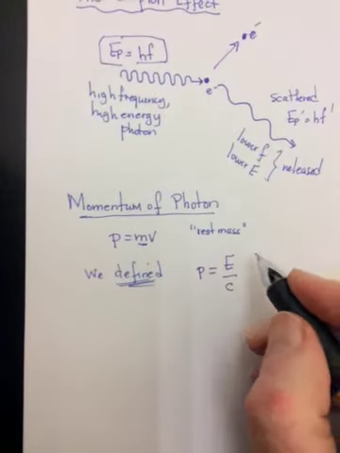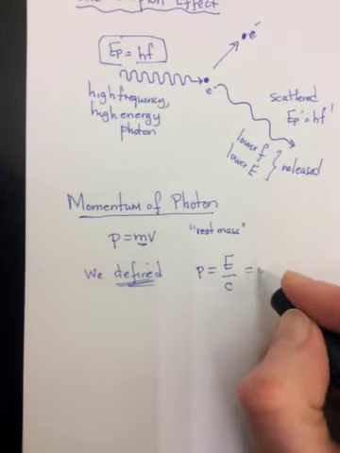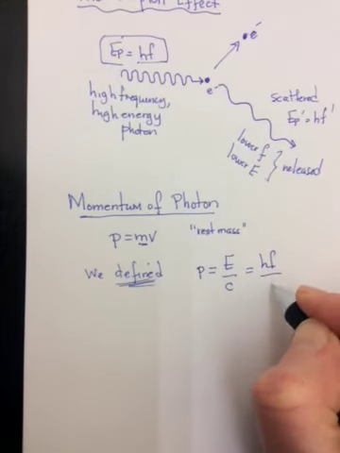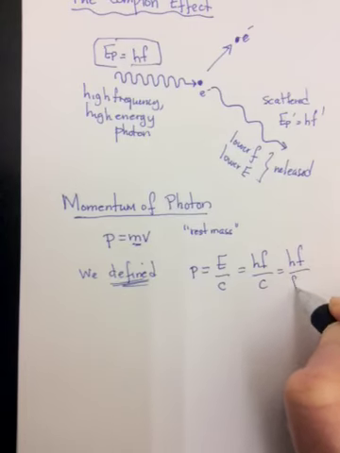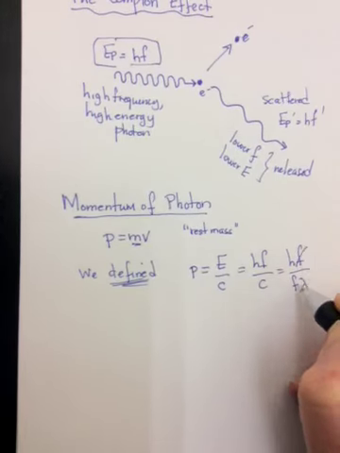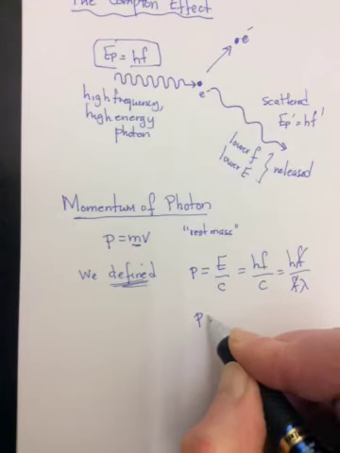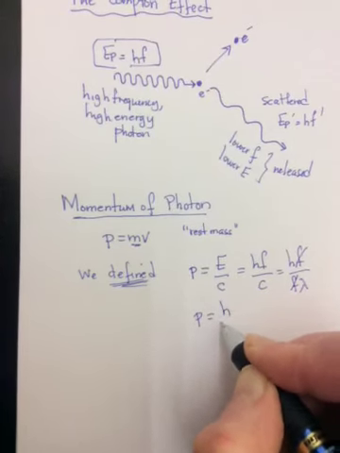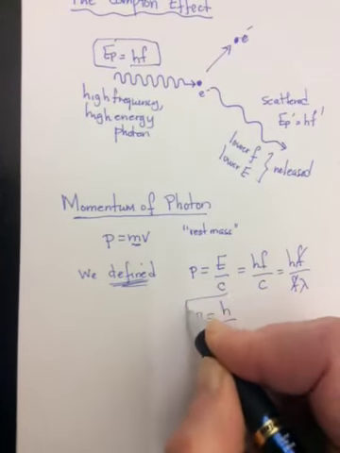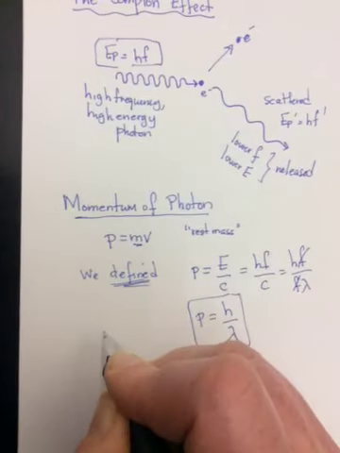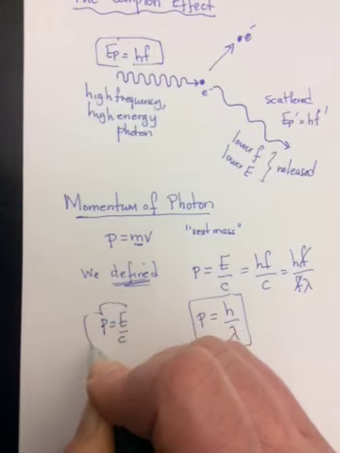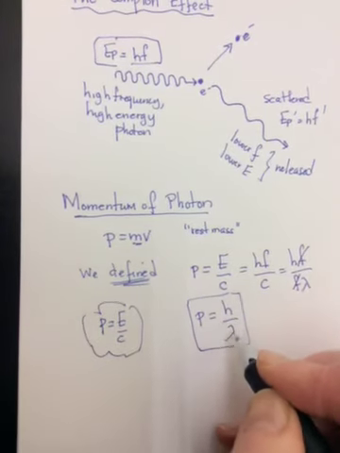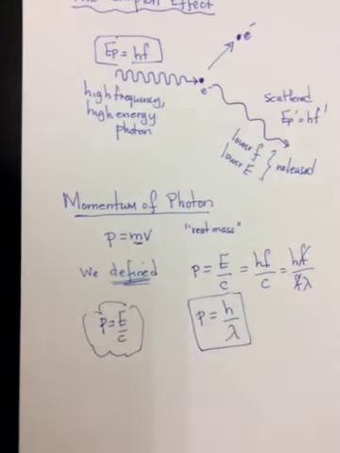Now, energy, we know, is just hf. And we know the speed of light is really just f lambda. So the f's will cancel here, and the momentum of a photon is h over lambda. This is the most common equation. You will sometimes see E over c, but it's usually h over lambda.